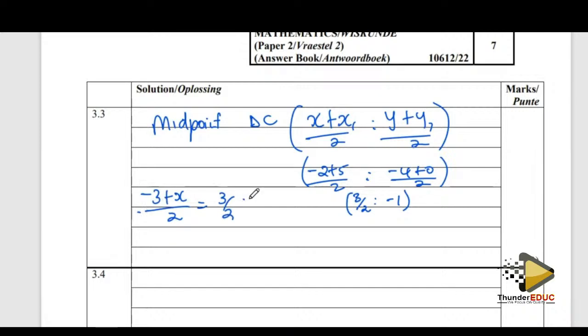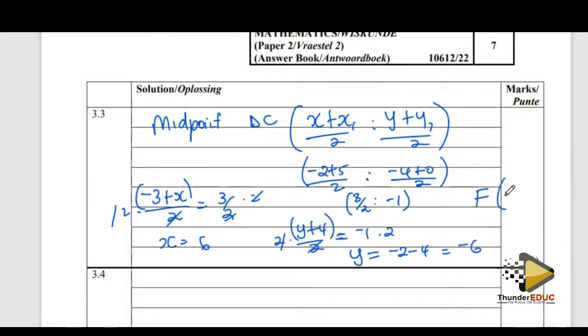Multiply through by 2, this cancels that. Move the 3 that side, so X is a 6. And then Y plus a 4 divided by 2 must give us -1. Multiply through by 2 also. So Y is -2 minus 4, which gives us -6. So F is going to be 6 and -6.